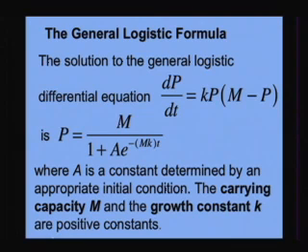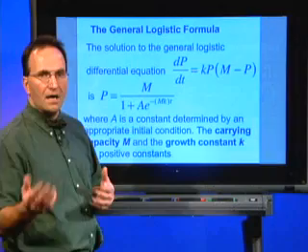The solution to the general logistic differential equation, the one we just looked at, dP/dt equaling kP times the quantity M minus P, is P equals M divided by the entire quantity, 1 plus A times e raised to the minus Mk times t, where A is a constant determined by an appropriate initial condition. And the carrying capacity is M, capital M, and the growth rate constant is k. And they would both be positive numbers.